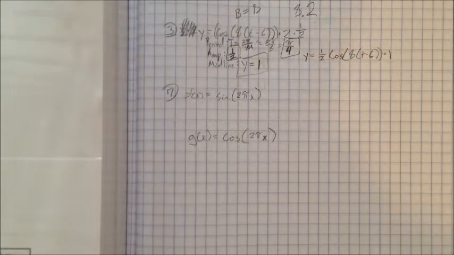Number 7 says let f of x equal sine of 2 pi x and g of x equal cosine of 2 pi x. State the periods, amplitudes, and midlines of f and g.